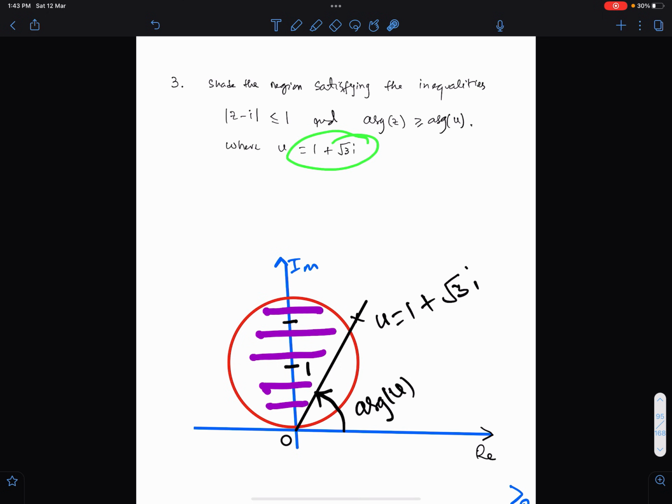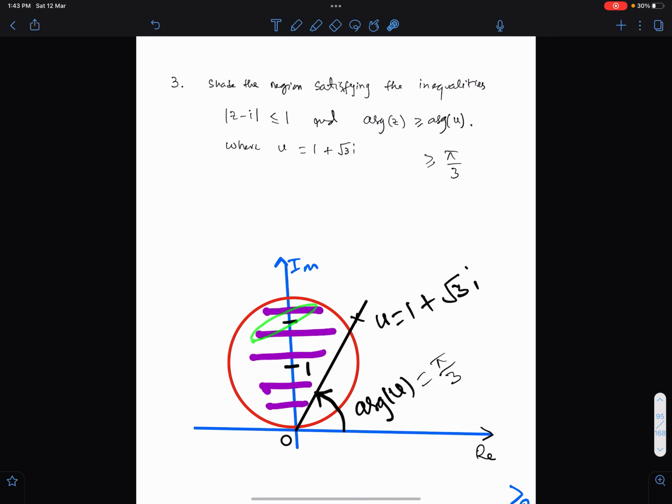This is u, 1 plus root 3 i. Its argument is pi by 3, 60 degrees. So this line is here, u, and according to this inequality, arg z is greater than arg u, and arg u is 60 degrees or pi by 3.